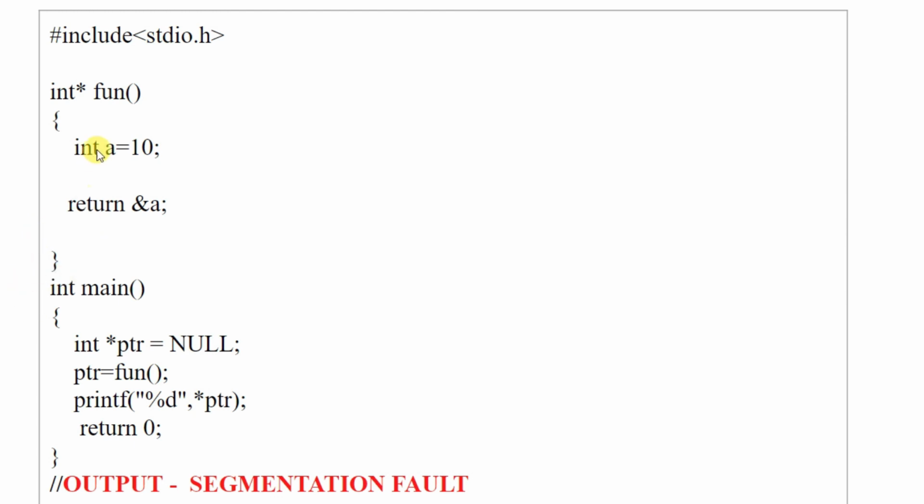So when this function returns some address, the pointer will point to nothing, because the existence of this a variable is finished here. The memory which is allocated to a will be vanished. So this pointer will point to a location which is not available right now. That is what is a dangling pointer.